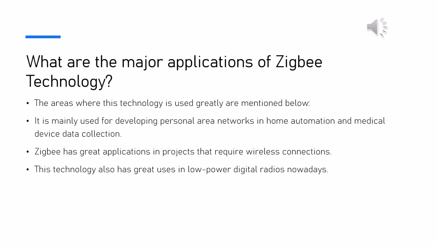This technology has great use in low power digital radios nowadays, and this is called the DG ZB3 ZB technology, which is also called XB3. DG is a member of the ZB Alliance and has developed a wide range of data networking solutions based on the ZB protocol.